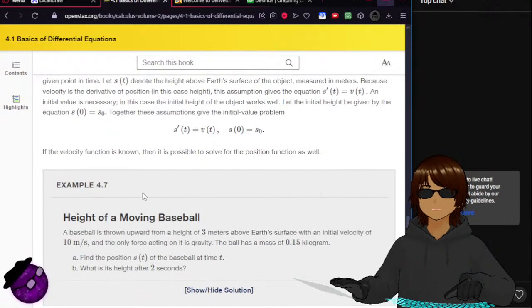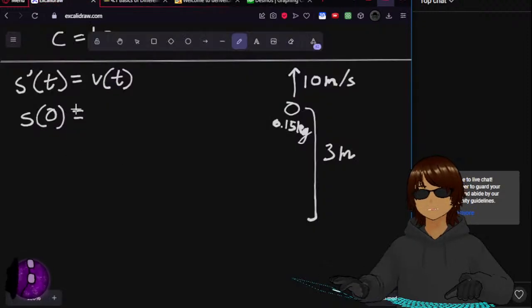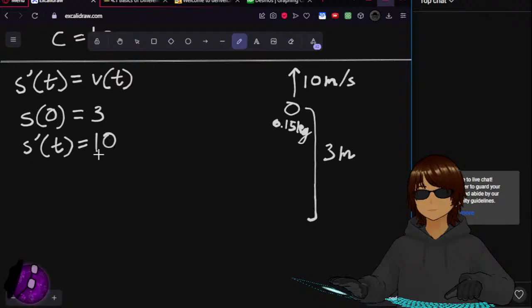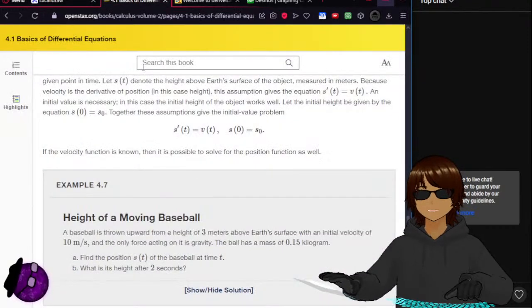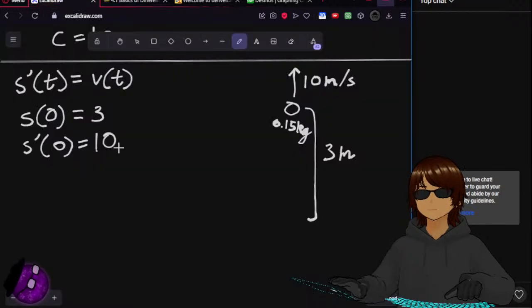Like when we say s, the initial height s(0) is 3. And the derivative at 0 is plus 10. Find the position of the baseball at time t.